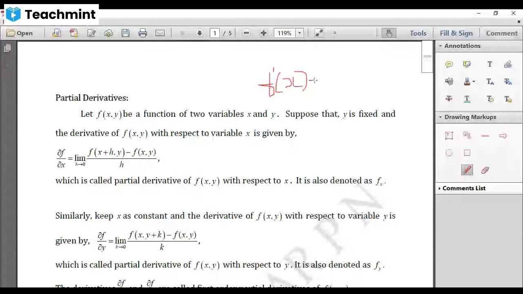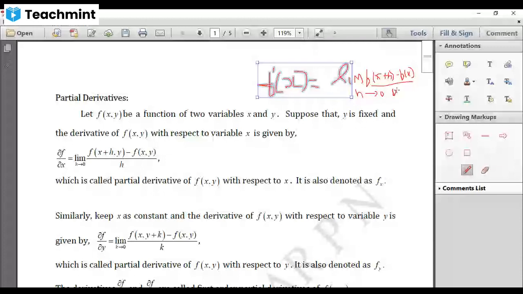Which is equal to limit as h tends to 0, f of x plus h minus f of x, divided by x plus h minus x, which gives you h.